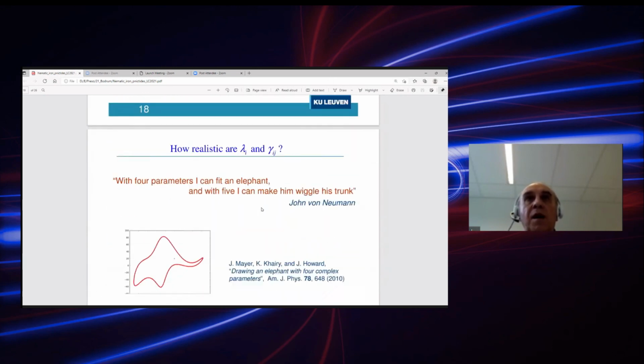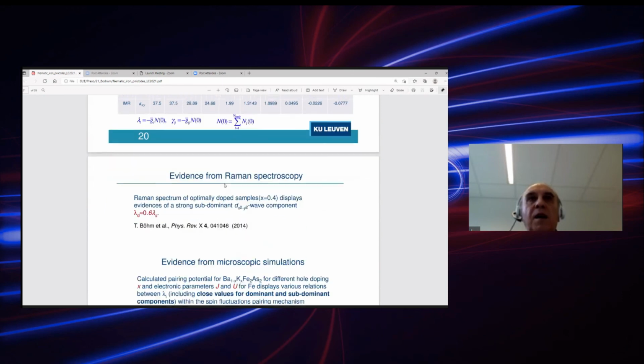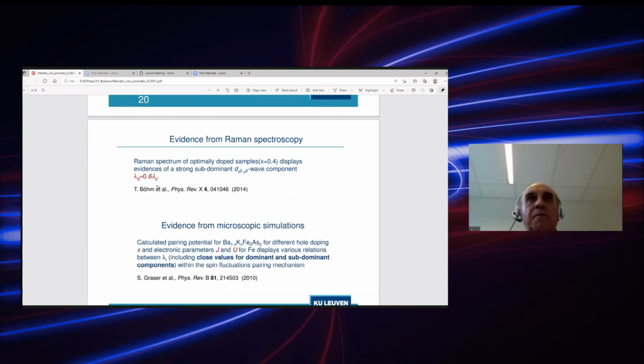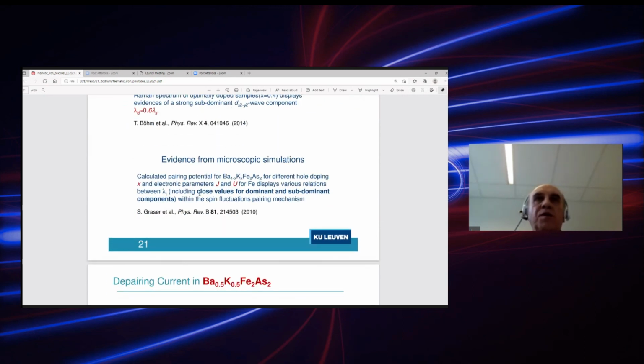So what is the support for this model? First of all, the critical temperatures for the two states should be close. We will have this. The evidence is that there are some old Raman results which show that the subdominant component is quite strong compared to the dominant component. There were some theoretical simulations showing that by varying parameters we can make the two superconducting states close.